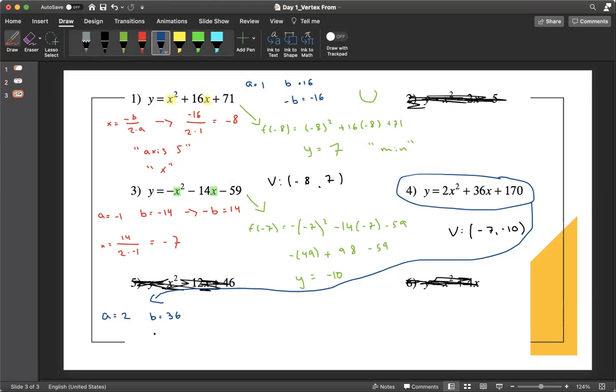So that means my negative b is going to be a negative 36. If I put this into my formula, x is equal to negative b, negative 36, divided by 2 times a. So 2 times my a value is 2. So we have a negative 36 divided by 4. And that is going to be a negative 9.